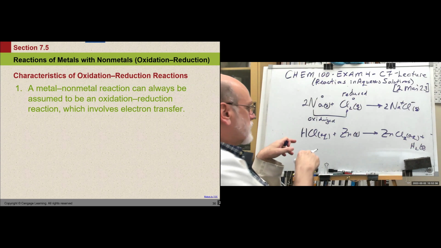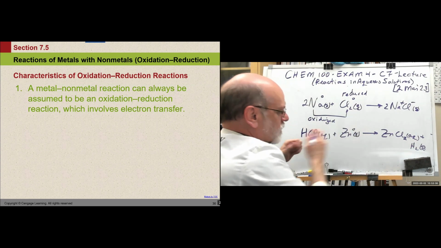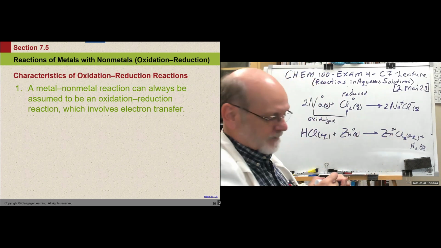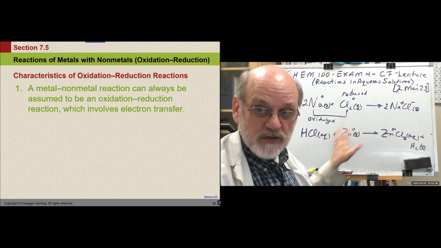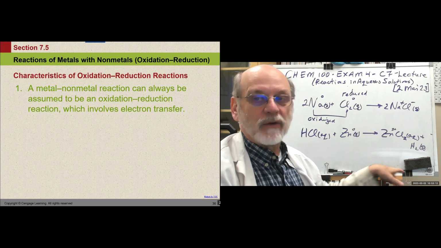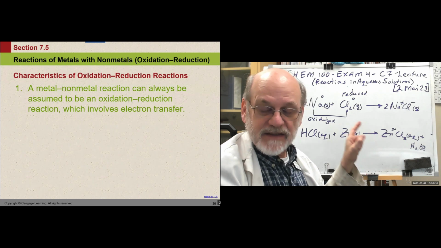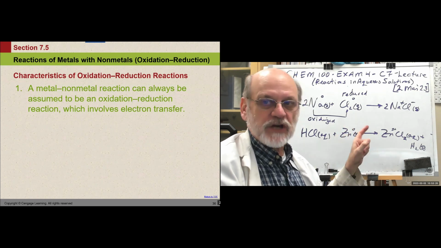Okay, notice that on this side, that is 0, but over here, it's a 2+. Whenever you see an element on one side of the equation or the other, and that element is part of a compound on the other side, then that is always an oxidation reduction reaction.